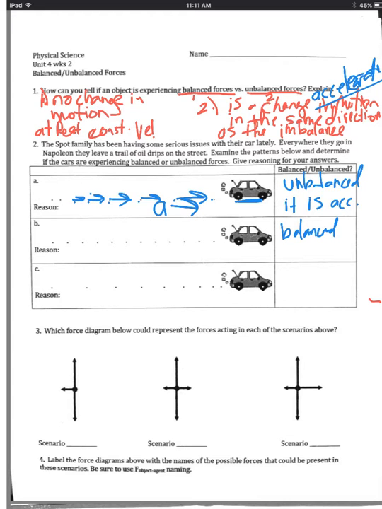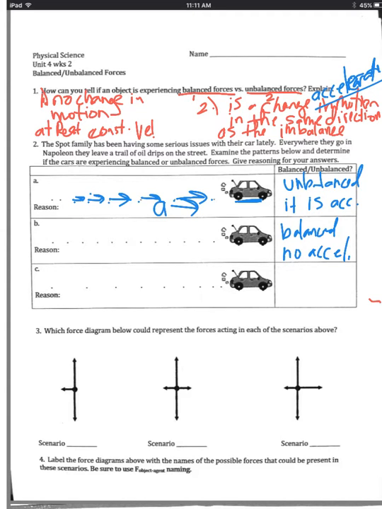Same spacing on the oil drips, meaning that they're not speeding up or slowing down. There's a consistent spacing between the drips, which means we have no acceleration.